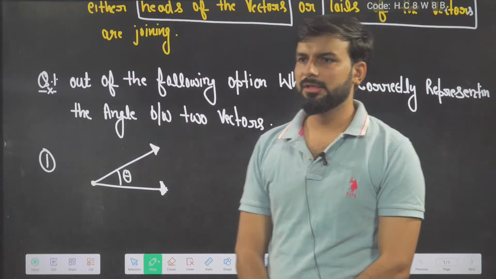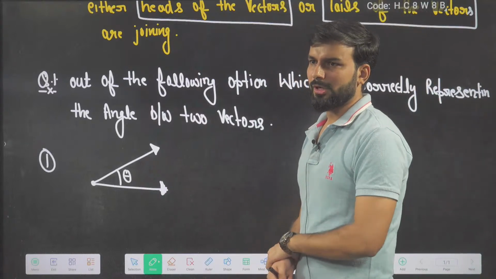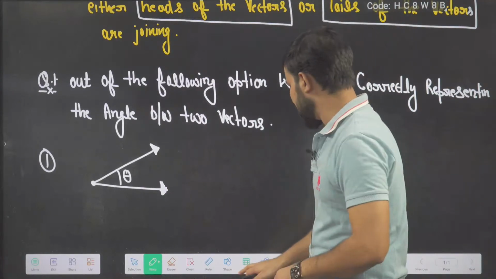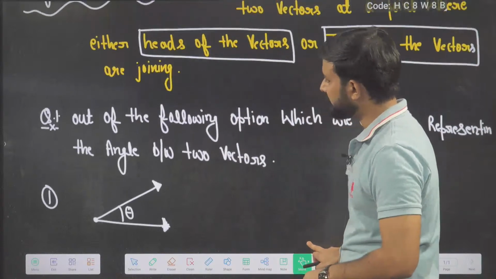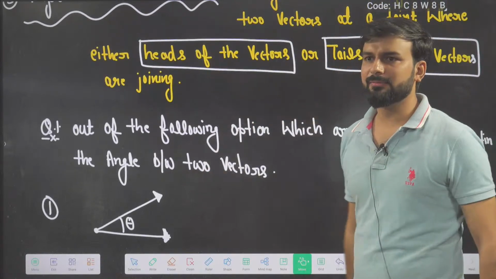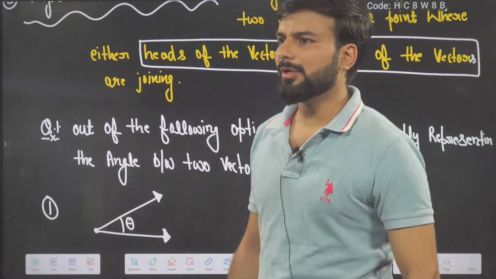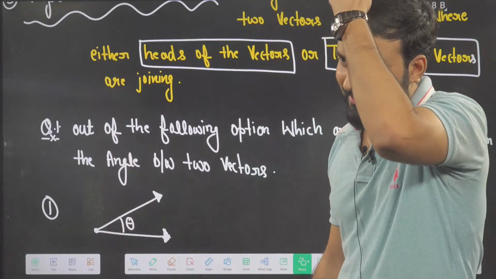Yes or no? Correct or incorrect? What do you think? See the main definition: two vectors at a point where either heads or tails are joining. Here, what is the thing which is matching, beta? Heads or tails?